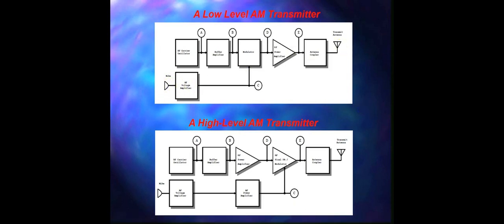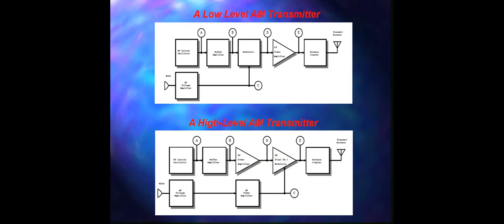Now, when we compare the low level AM transmitter with the high level AM transmitter, we see that in the high level AM transmitter we have an extra audio frequency power amplifier, and also a radio frequency final power amplifier attached along with the modulator.